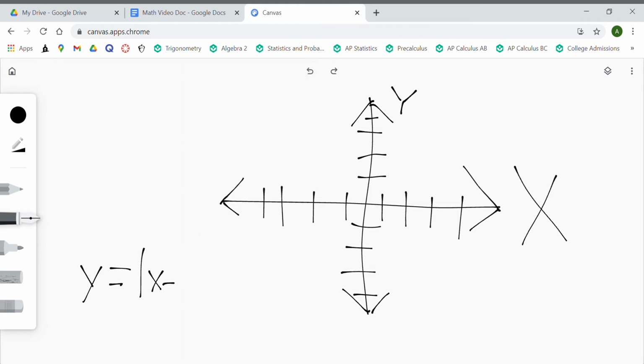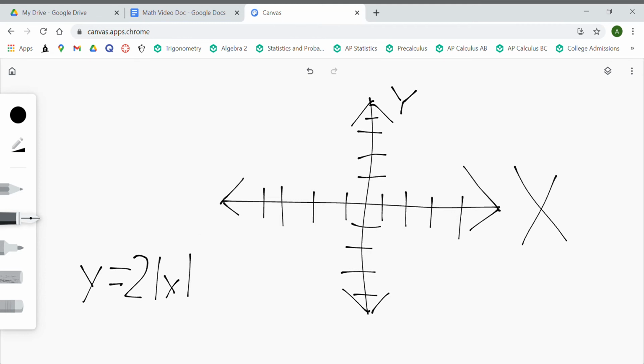Alright. Let's try adding a values to them. Alright, so let's see what we can do with this one. We have 2 times absolute value of x. So we have an a value outside the parentheses.